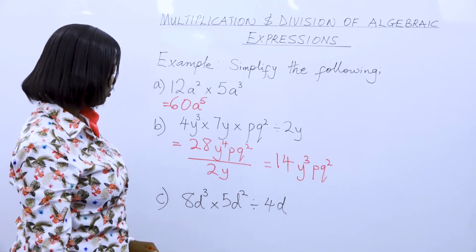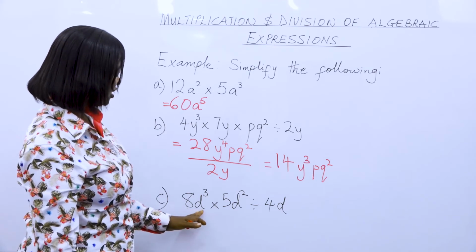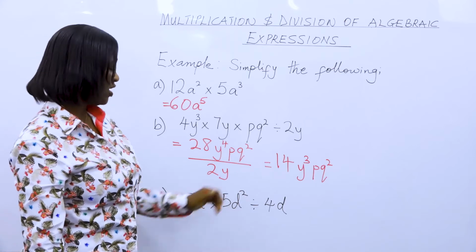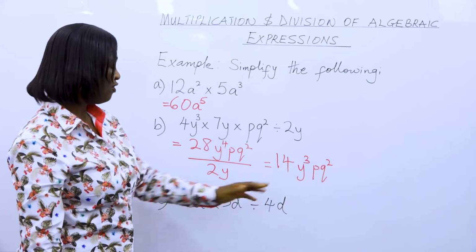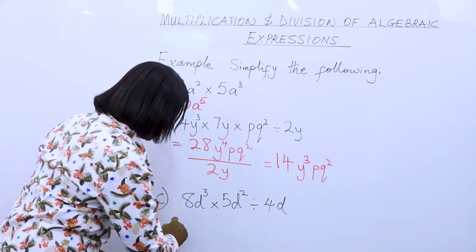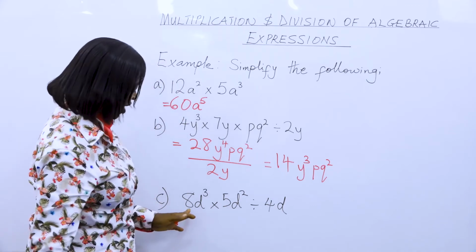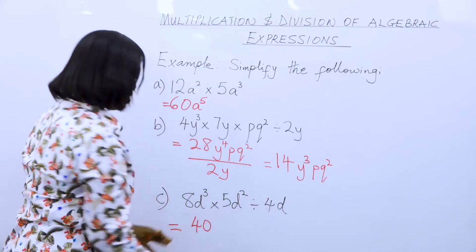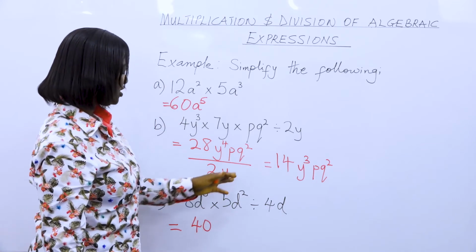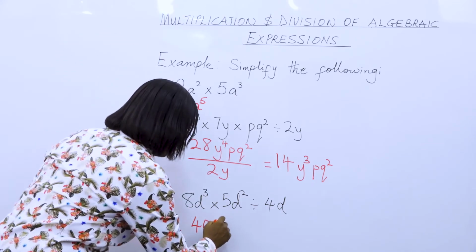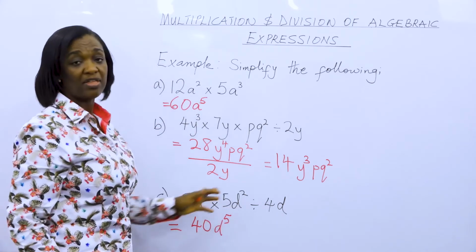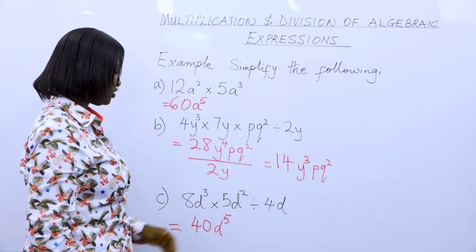For the third example, we have 8d cubed times 5d squared divided by 4d. Again, multiply 8 and 5 to get 40. D cubed times d squared is d to the power 5. We add the powers together, 3 plus 2 to give us 5.